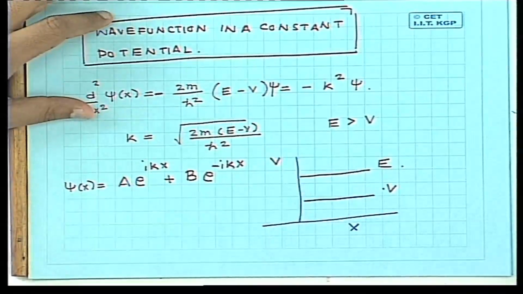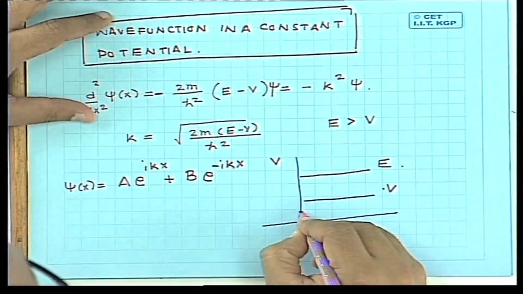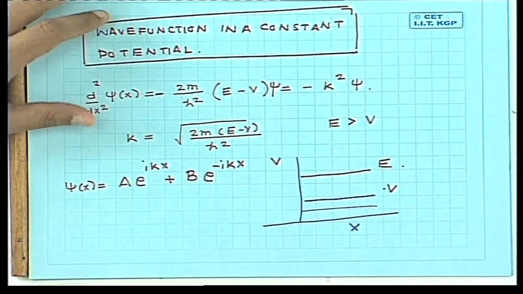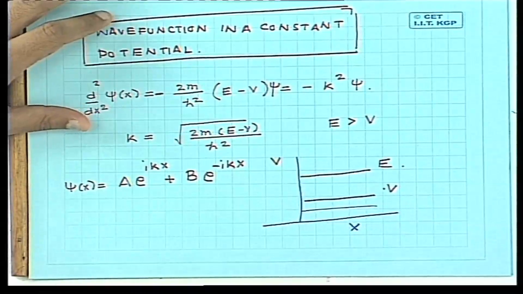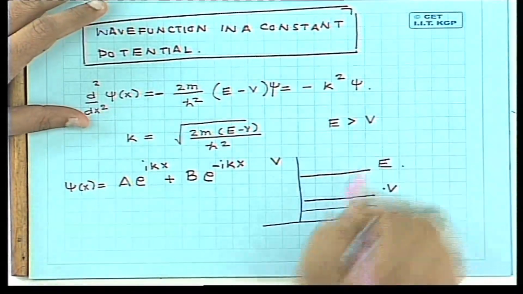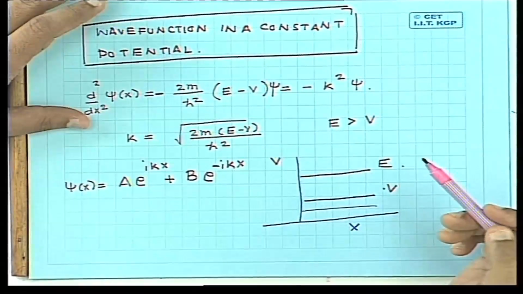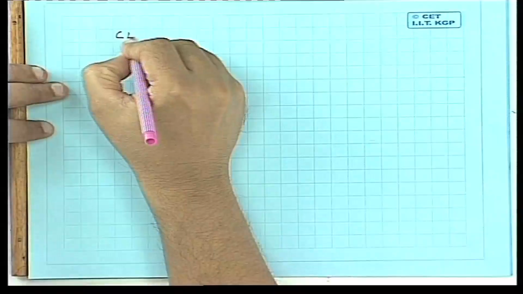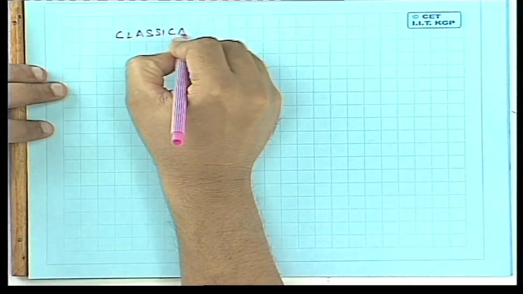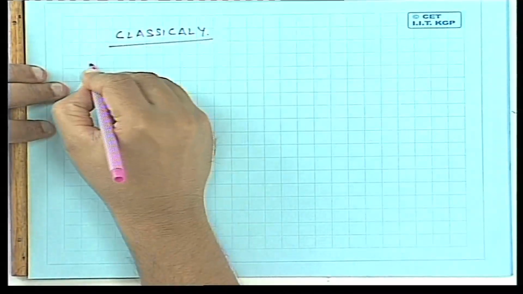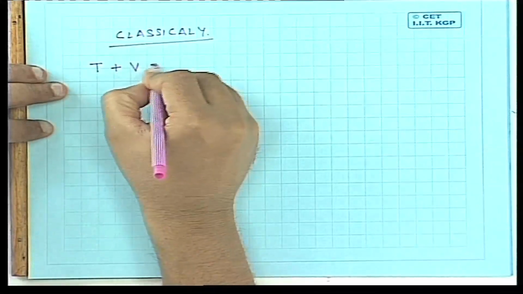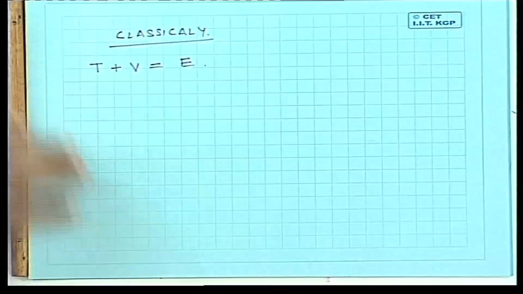Now next let us look at a situation where E is less than V. Classically, a particle with an energy E, you won't find it in a region where the potential is more than the energy of the particle, right? Because classically the kinetic energy plus the potential energy is equal to the total energy.